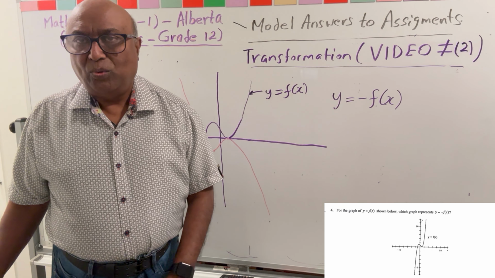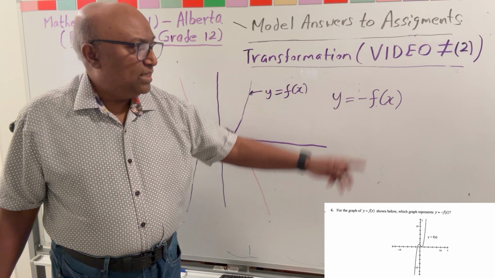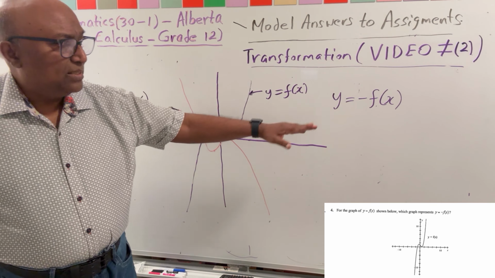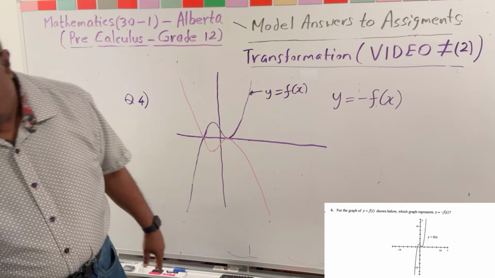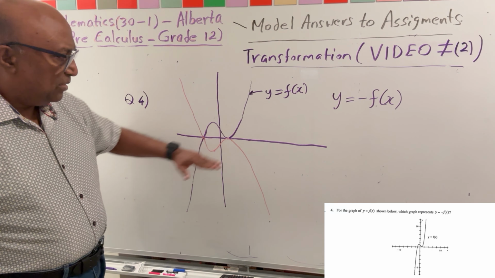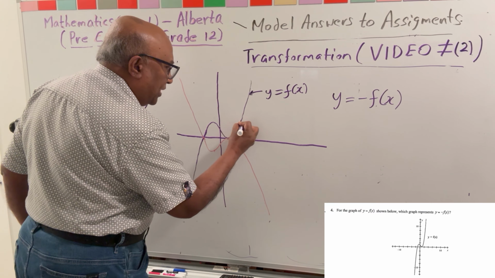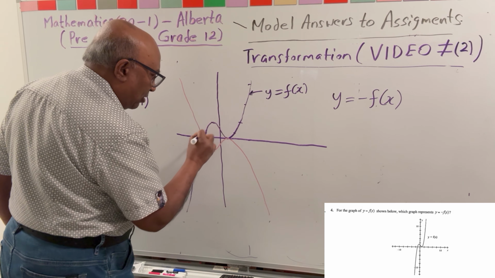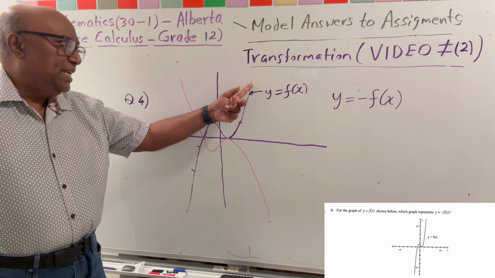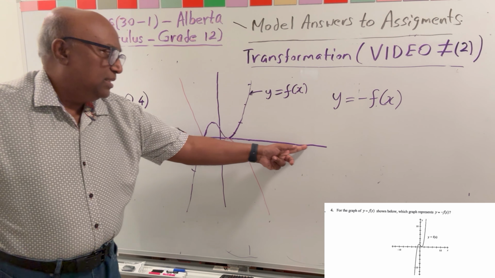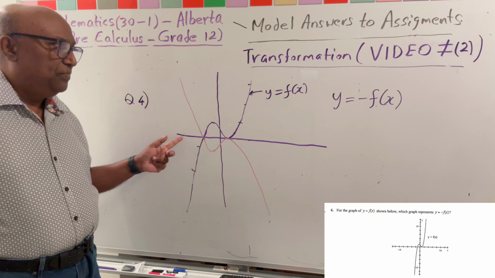Now we have to obtain the graph to represent the reflection about the x-axis. Reflection about the x-axis means all the points should reflect about the x-axis. Simply speaking, we have to maintain these two distances, considering the x-axis as a mirror.